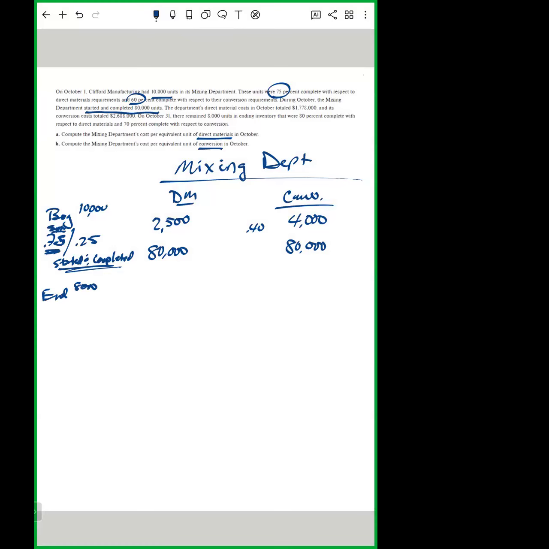And that does belong in October, and 70% complete with respect to conversion. So this is 6,400 units and 5,600 units. All right, so let's add this stuff up.